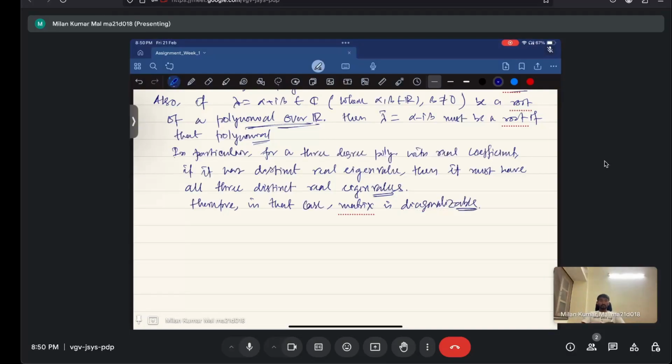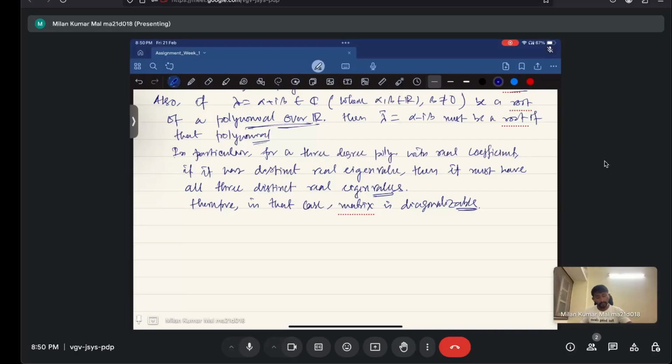So the main point here is, let P be a degree 3 polynomial, the characteristic polynomial of a matrix A, and as A has real entries, the characteristic polynomial will also have real entries. Now if it has two distinct real eigenvalues, lambda 1 and lambda 2, then there must exist another eigenvalue, because it is a real polynomial.